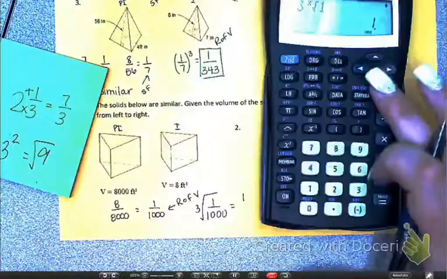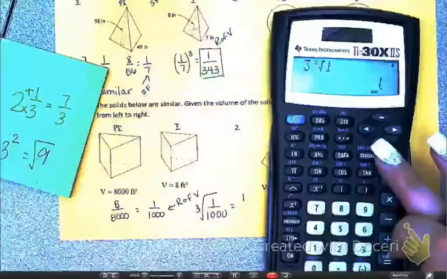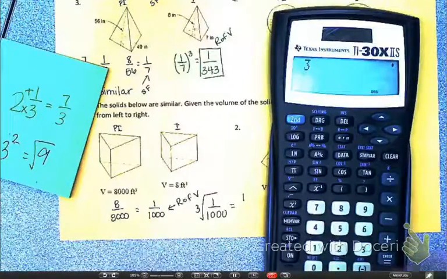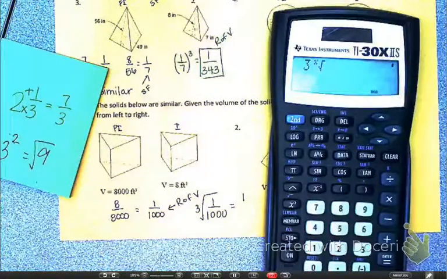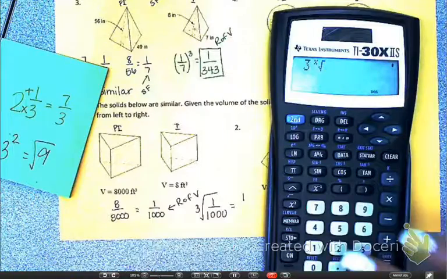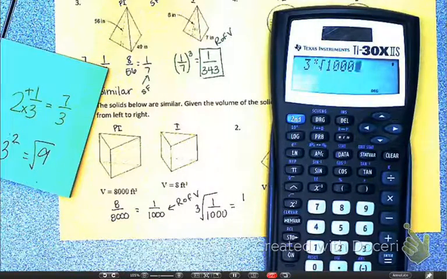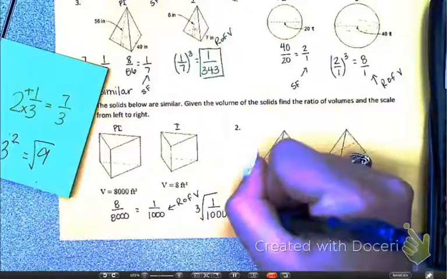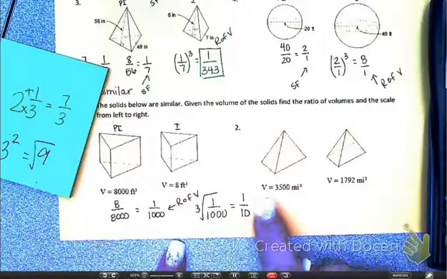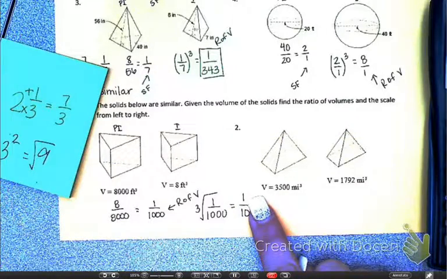We're going to do the same thing with 1,000. 3, second X root button. And then we're going to type in 1,000. What do you get when you hit that? 10. Okay, so does that make sense? If I went backwards, what's 1 to the third power? 1.